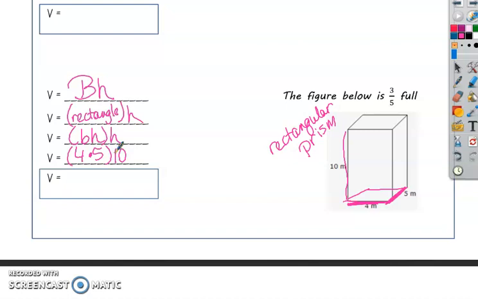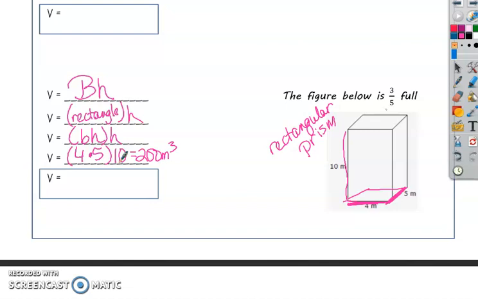Your job is to multiply those numbers. So pause this video and multiply those numbers. And you should get 200, okay? 200 meters cubed. 4 times 5 is 20, 20 times 10 is 200.